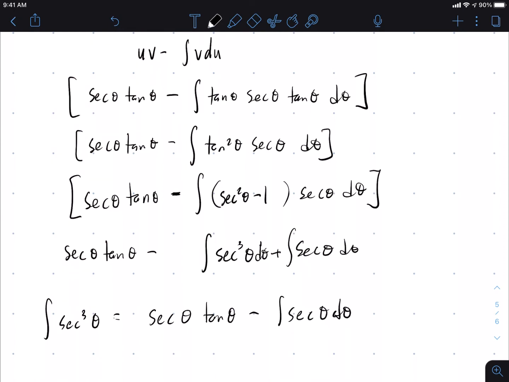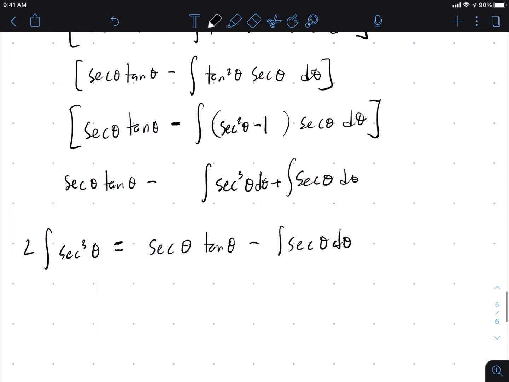But then that's going to add over there, so I'm going to get a 2 here, correct? But don't I know the integral of secant theta? What do we do with the integral of secant theta? Multiply by 1, secant theta plus tan theta over the same thing, right?